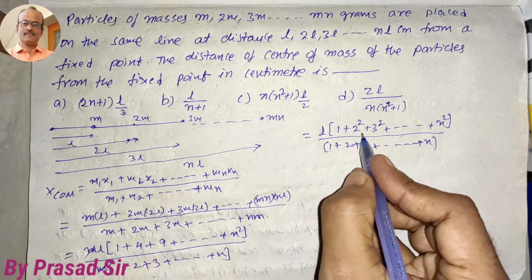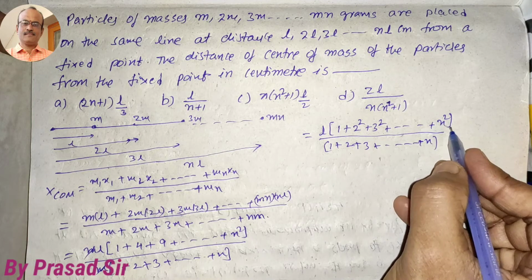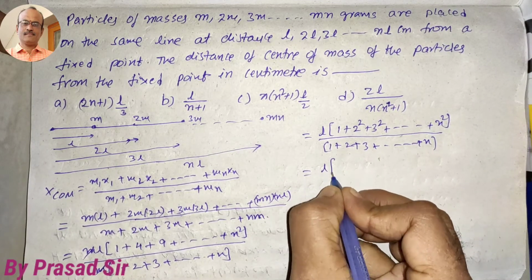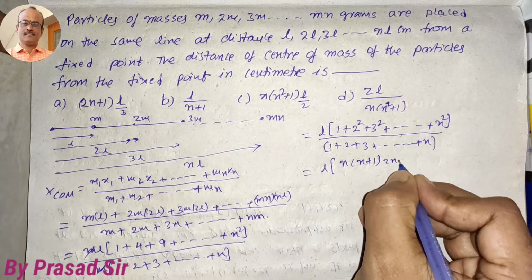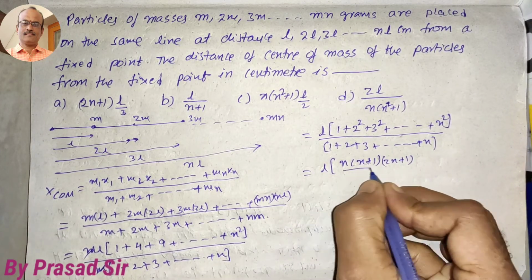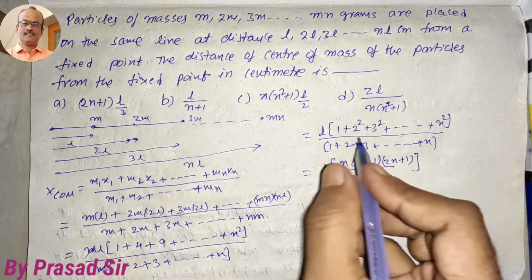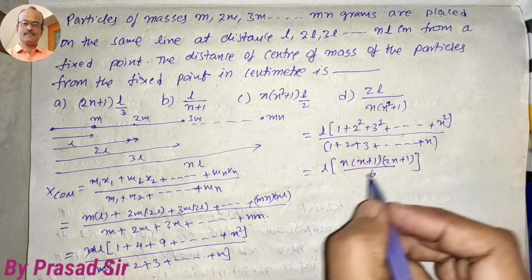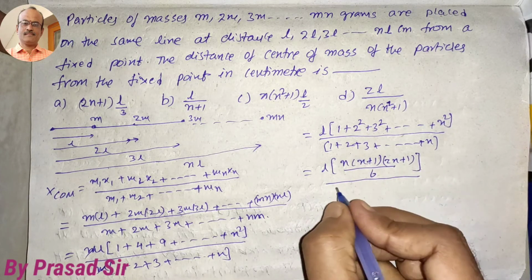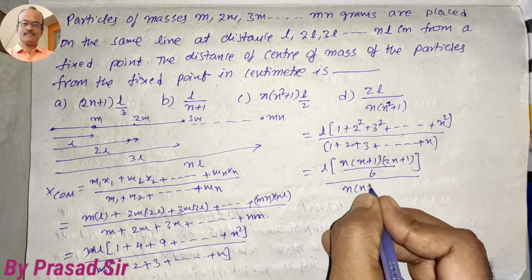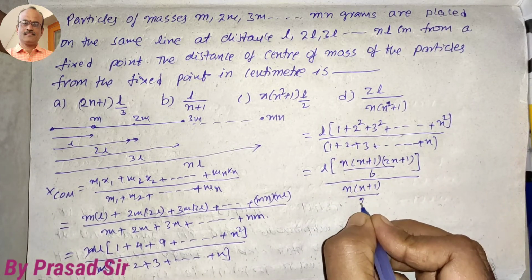Sum of squares of the n natural numbers I will write as n into n plus 1 into 2n plus 1 divided by 6, and the sum of the n natural numbers I will take as n into n plus 1 divided by 2.